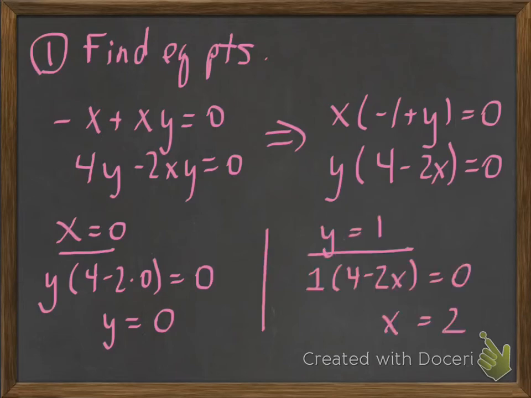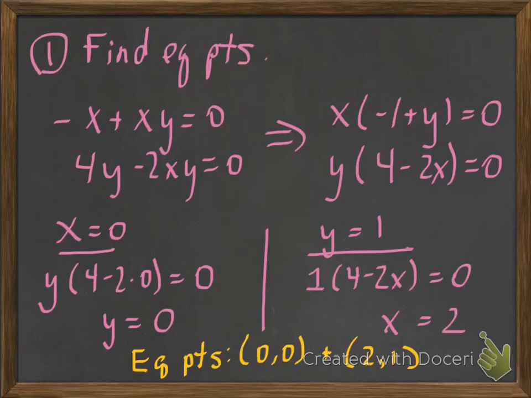The second way that the first equation could equal 0 is if y equals 1. If I plug y equals 1 into the second equation, I get 1 times 4 minus 2x equals 0, which means x equals 2. So my conclusion is that my equilibrium points, or my critical points, are (0, 0) and (2, 1).